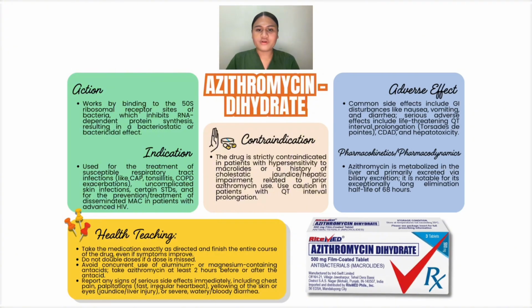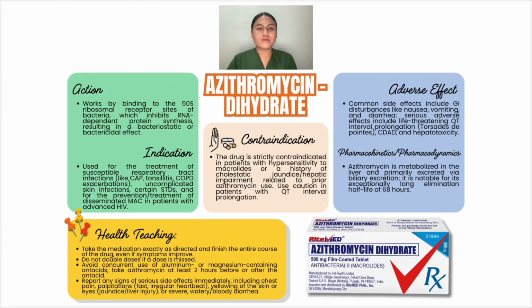Azithromycin is indicated for the treatment of mild to moderate infections caused by susceptible organisms, where in adults, indications include various respiratory tract infections such as CAP and acute bacterial sinusitis, and uncomplicated skin or skin structure infections.